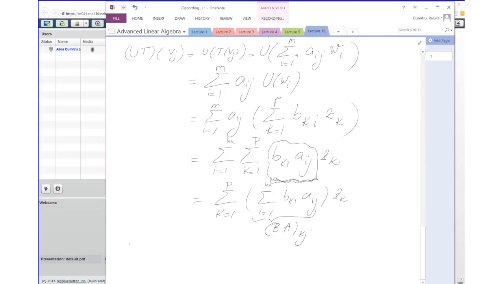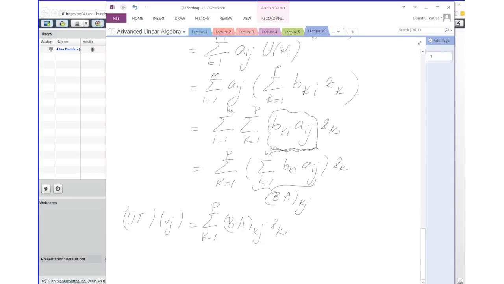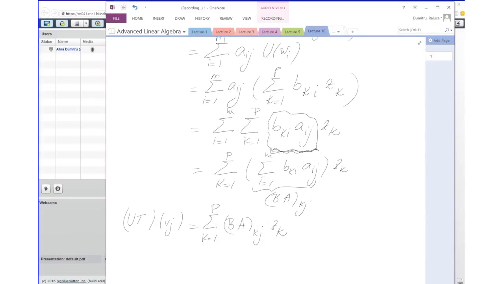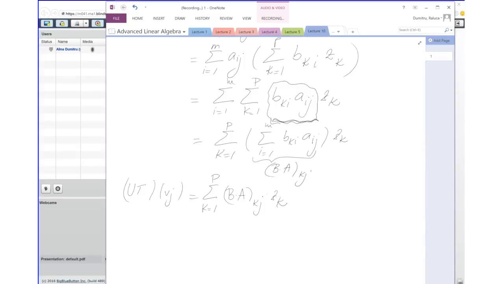Basically, what we got is this. The composite function applied to Vj is the sum k equals 1 to p of the product between those two matrices, entry kj times Zk, which is exactly the formula that defined back then the entries of the matrix associated to U composed with T. B was the matrix of U, A was the matrix of T, so it's the product exactly in that order.